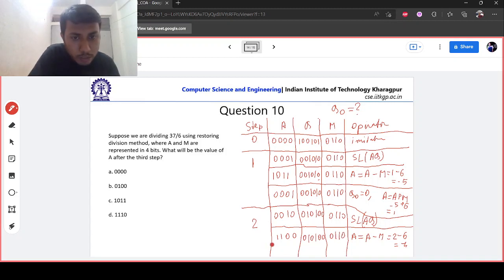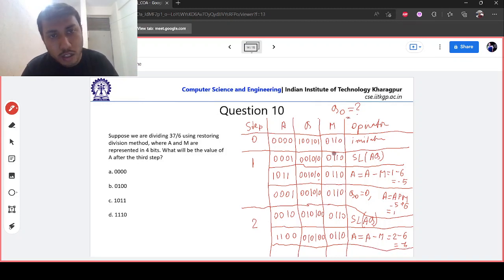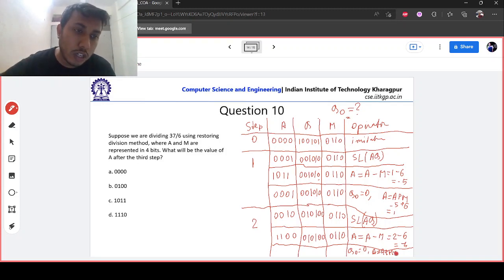Now again we will observe the value in Q0. What is the value in Q0 in this case? Again 0. Q0 is 0, so we do A equals A plus M. A is minus 4 in this case, and M is 6.